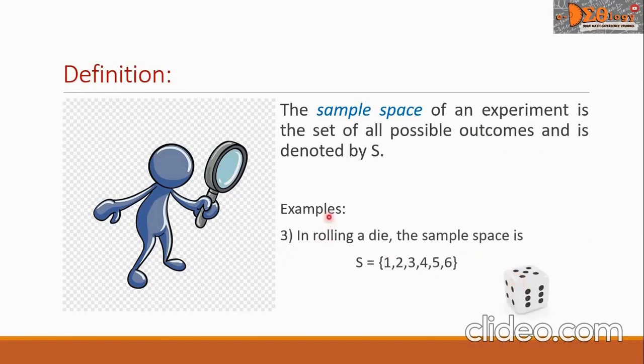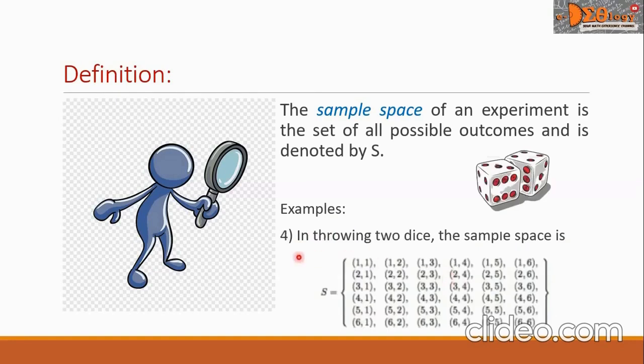Example 3, in rolling a die, the sample space is S equals {1, 2, 3, 4, 5, 6}. In throwing two dice, the sample space is given here. The sample space starts with (1, 1) and ends up into (6, 6).